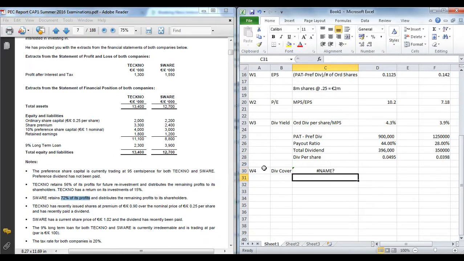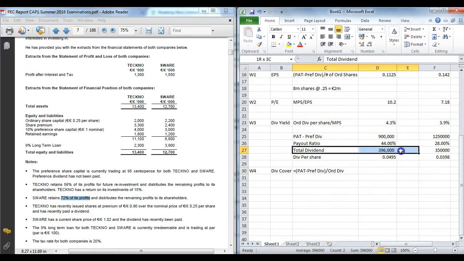So again, you need to know those formulas going in, because otherwise you won't be able to do the ratio questions on the day of the exam. So it's profit after tax and pref div, which we've done over here, divided by the ordinary dividend, the full amount. So remember, you're comparing, it's nothing per share, it's the full amount of each. The total dividend is here. And that answer will be in times.